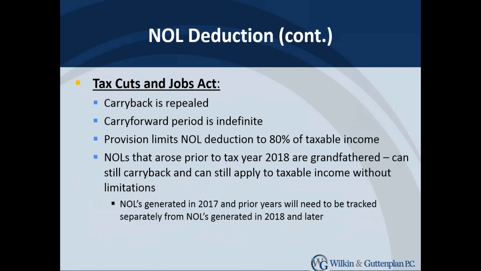They can still be carried back, and they can still apply to taxable income without limitations. So for those taxpayers that do have NOLs generated in 2017 and prior, we're going to have to track those separately because they are not subject to the limitations for NOLs arising in 2018 and later.